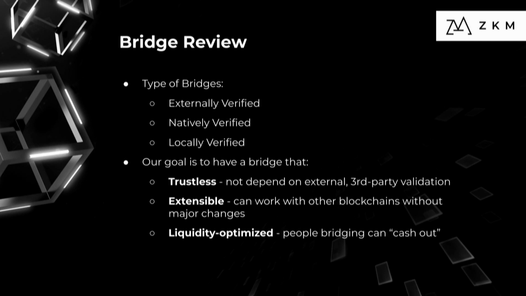Extensible: it can work with any other blockchain without needing a ton of change or implementation. And finally, liquidity optimized: we can actually use the network without depending on a lot of people putting a lot of money in before it's actually adopted.